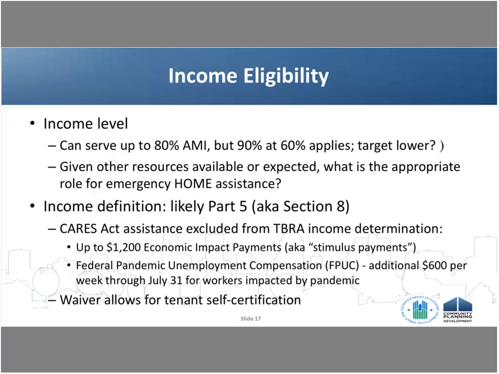Also, as a brief reminder here for those who may not have been on last week's webinar or maybe kind of missed this as we talked about it, HUD has now determined that the $600 a week in supplemental unemployment insurance that's being provided by the CARES Act, the technical name for this is the Federal Pandemic Unemployment Compensation, or FPUC, is not to be counted as income under the Part 5 definition, which nearly everyone uses for their TBRA programs.